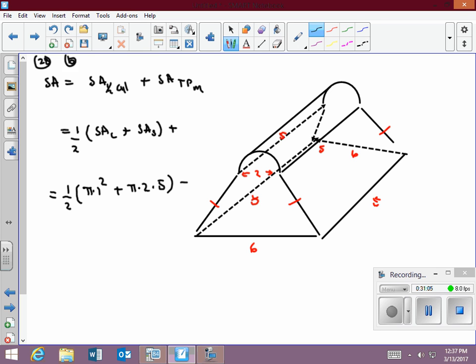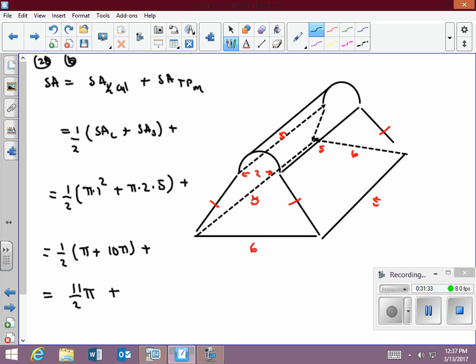Plus something. 1/2 of pi plus 10 pi. So this is 11 over 2 pi plus.